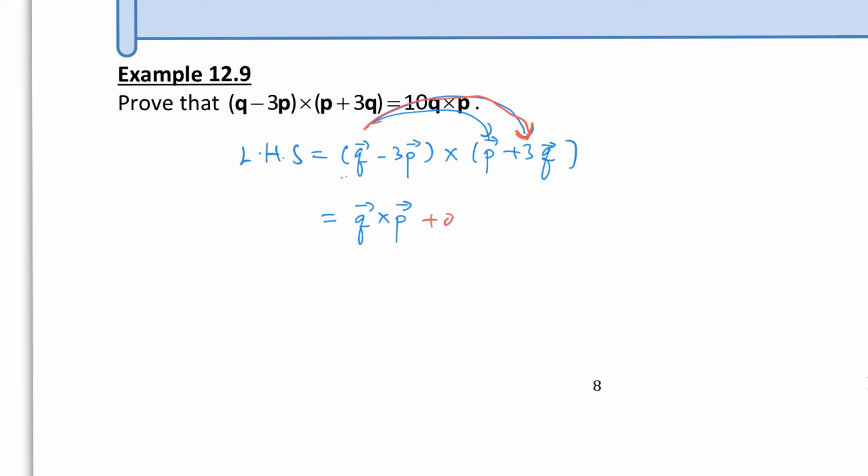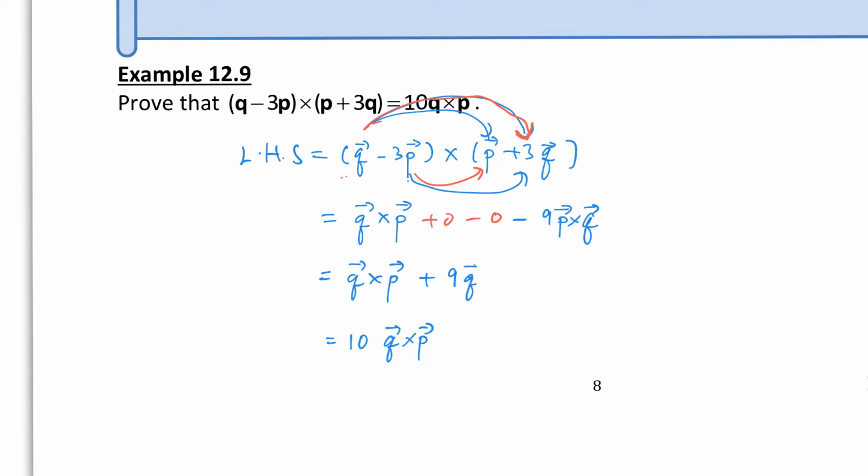So plus 0, and similarly this one also minus 0. The last part is minus 9 P cross Q. Then, smart boys and girls, I guess you know how to prove it, which is equal to 10 Q cross P, because minus 9 P cross Q is equal to plus 9 times Q cross P. So it is equal to the right hand side. Done.